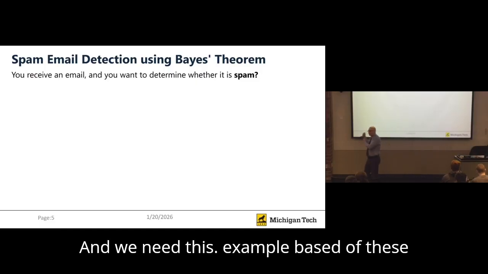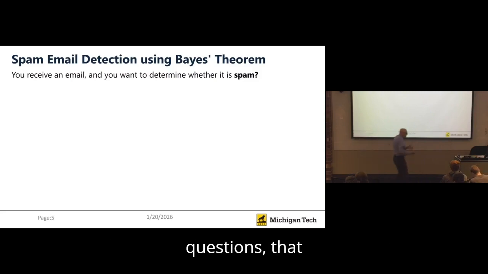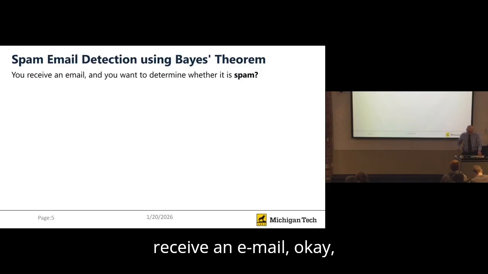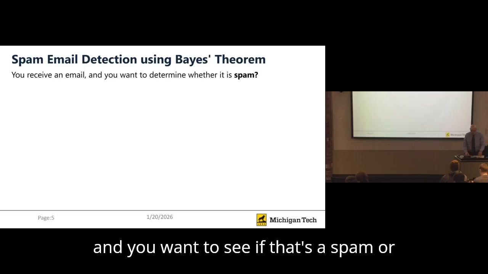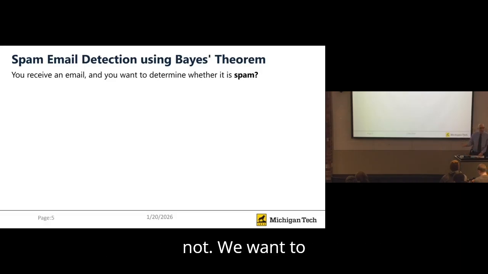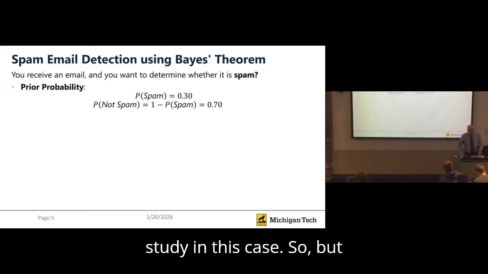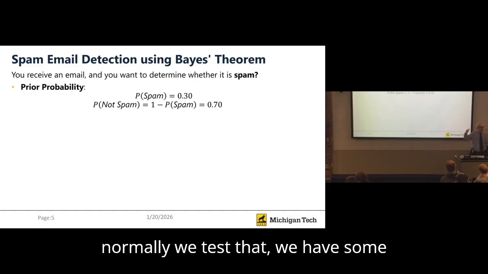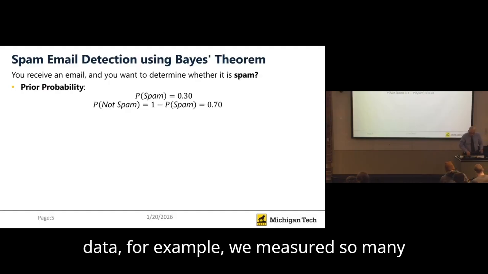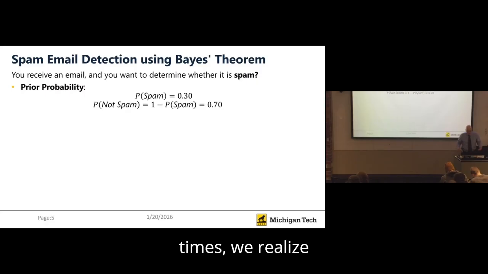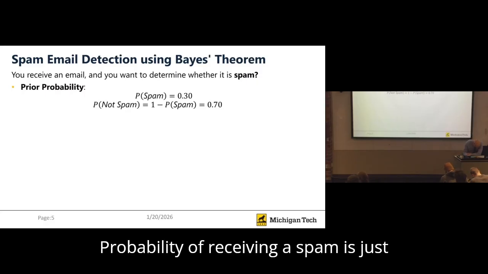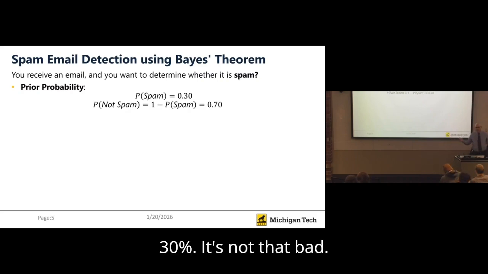We made this example based on this question: imagine you receive an email, and you want to see if that's a spam or not. Normally we have some data. For example, we measured many times and realized the probability of receiving a spam is just 30%.